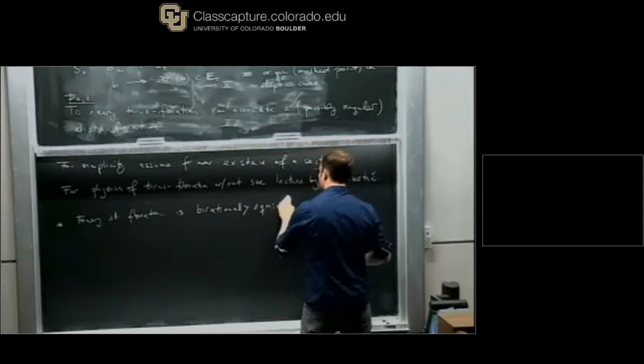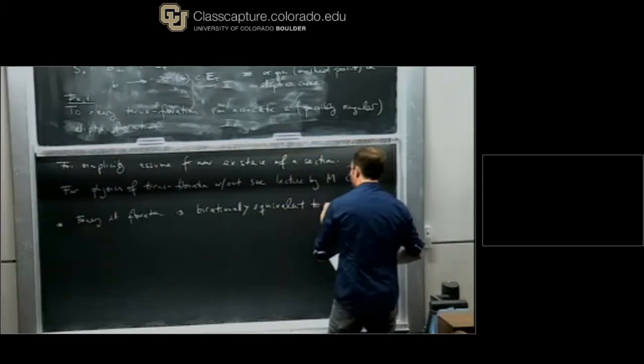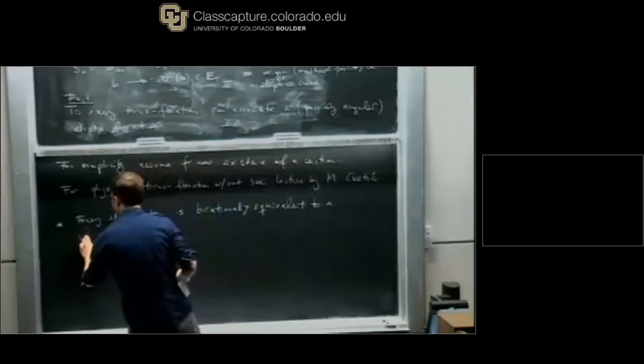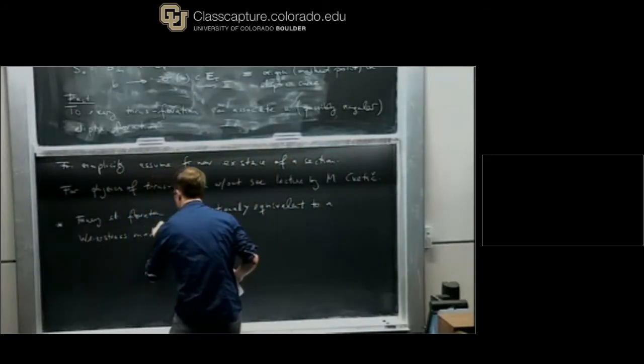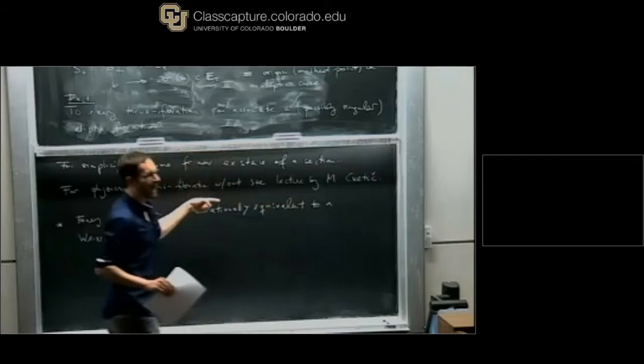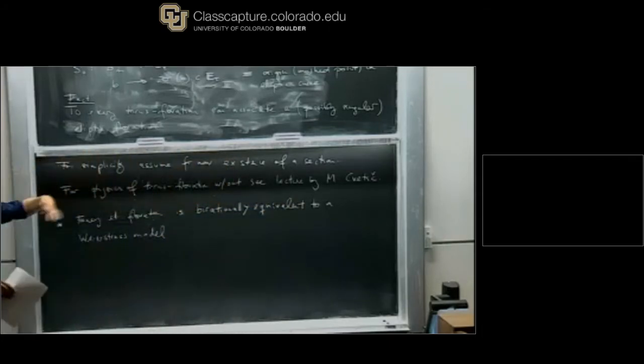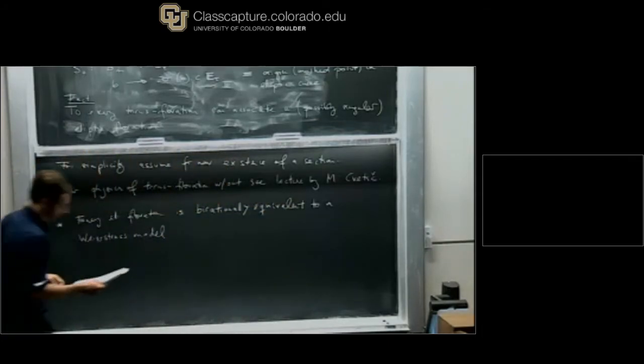Birational equivalence means it's isomorphic up to loci in higher codimension. Higher codimension may differ, but for this purpose it's fine.